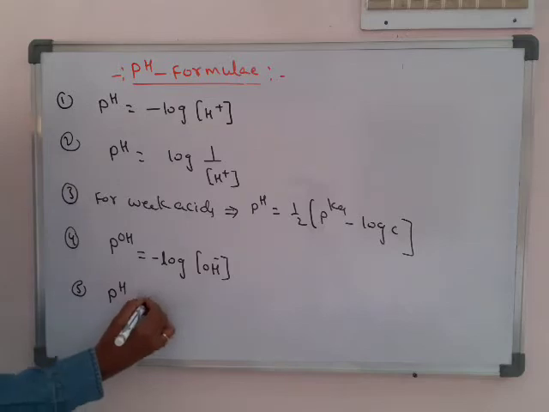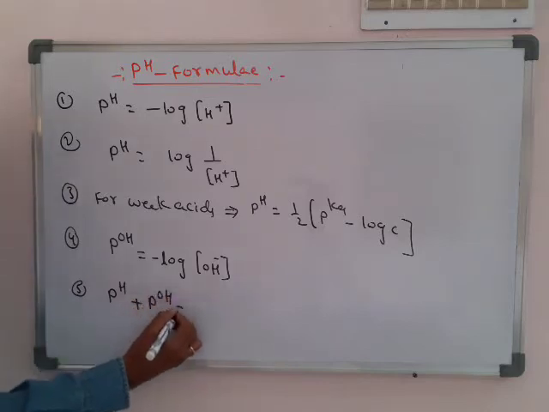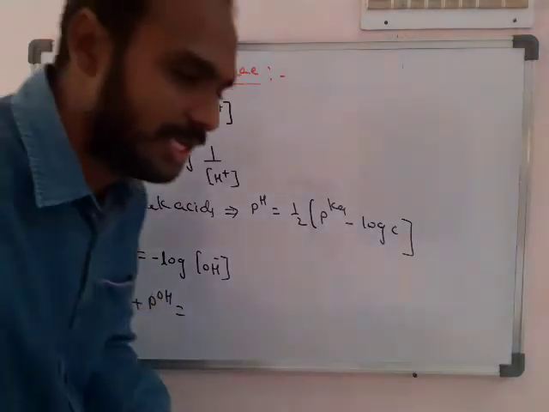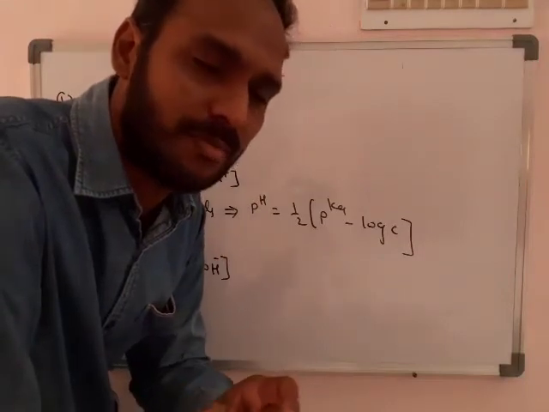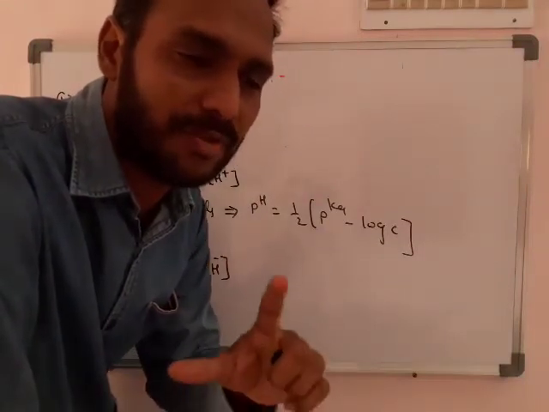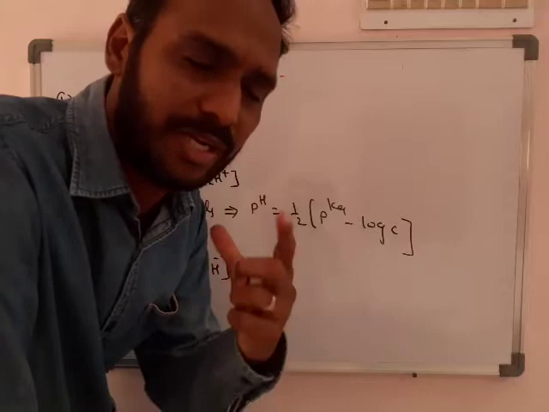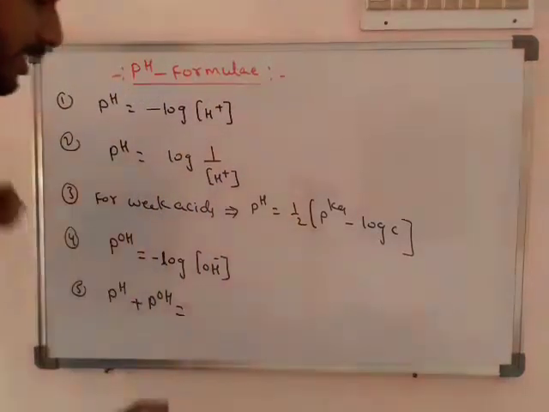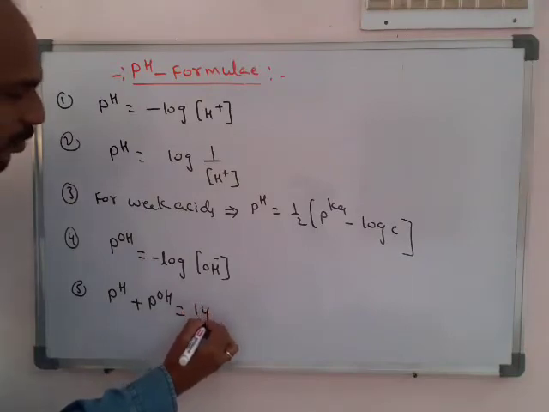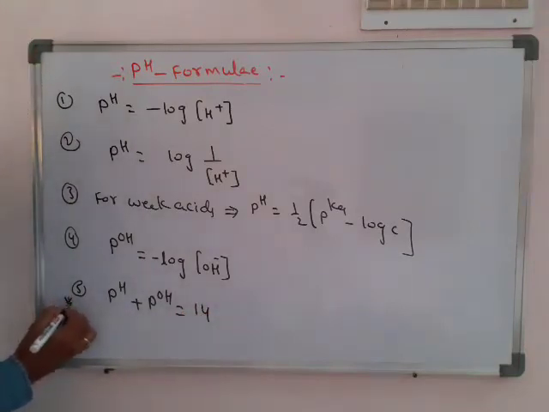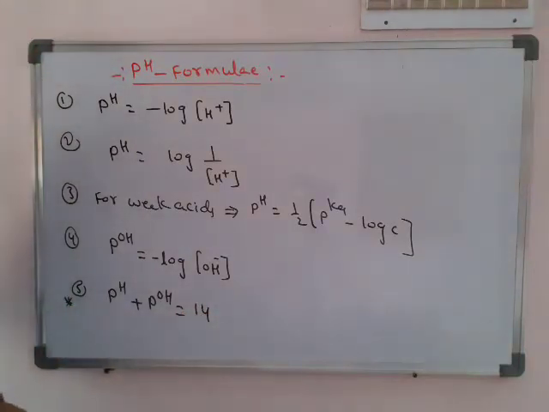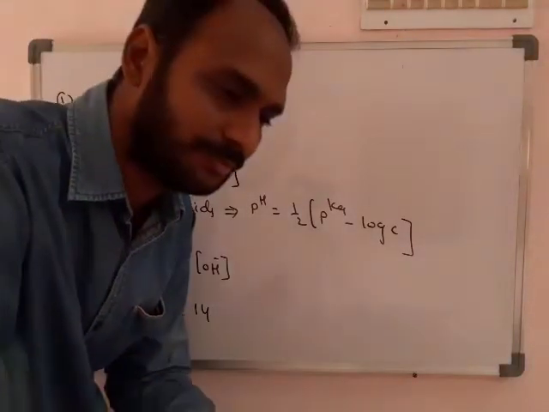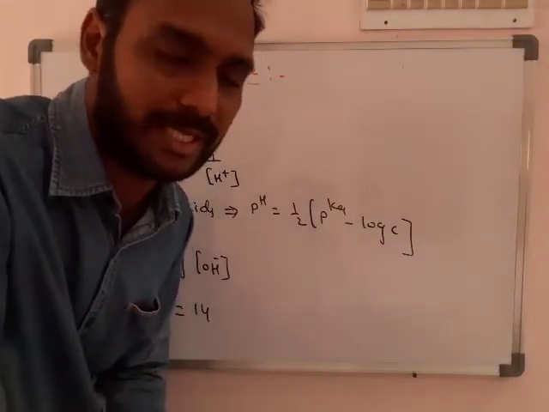The sum of pH and pOH of a particular solution, for any solution, if its pH is added with pOH, it is always equal to 14. Okay, this is a very important formula in the calculation of pH of bases mainly.